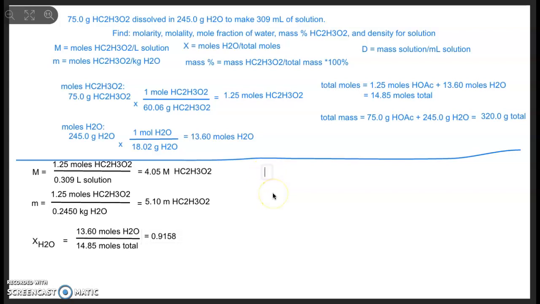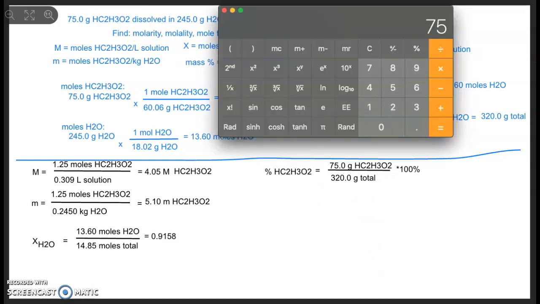For mass percent, we need the mass of the acetic acid divided by the total mass, multiplied by 100%. 75 divided by 320, and then multiplied by 100 gives 23.4%.